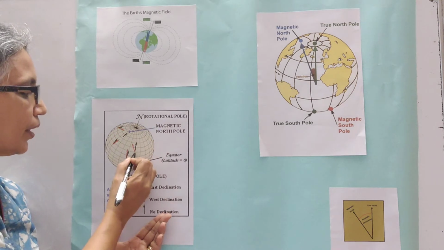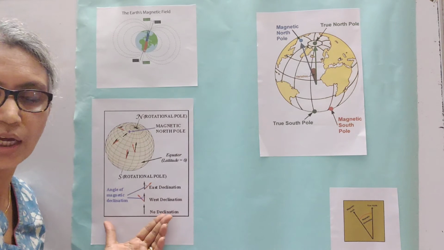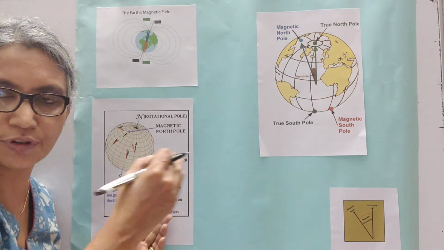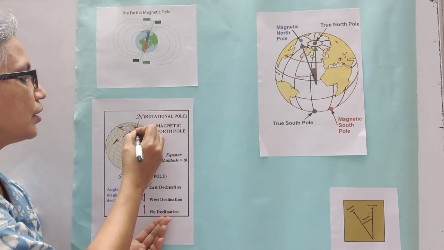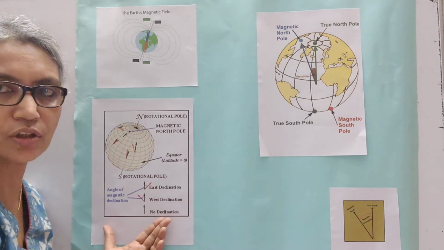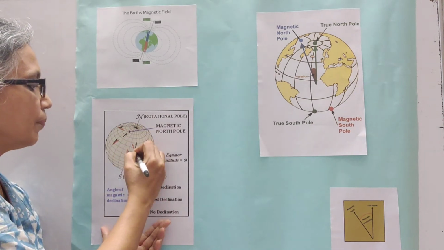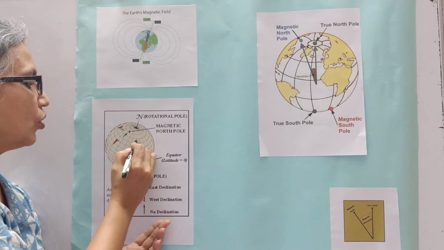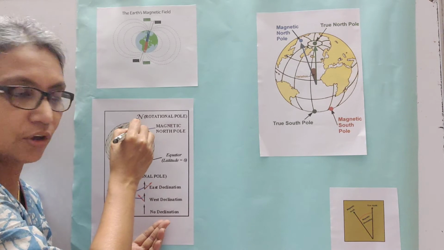You will see that this black arrow points towards the geographic north. I told you that the geographic north and the magnetic north do not coincide. They are apart from each other around 400 to 800 kilometers right now. So this is the geographic north, and what they marked here is the magnetic north pole, which I told you right now is in the Arctic. So this black arrow that they've shown here actually is a line drawn along the longitude towards the true north, which is the geographic north.